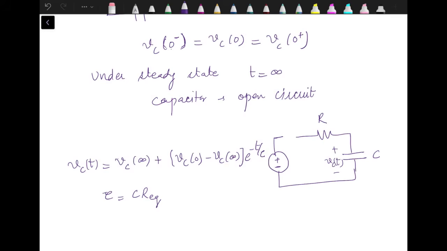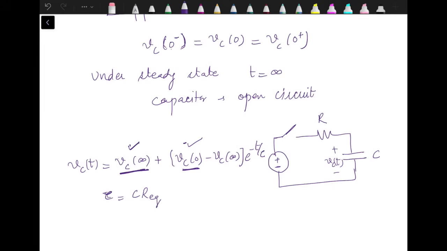So again in this case, we need to find out the final value of voltage across the capacitor, Vc infinity, which we can find out after switching. Vc0 is the voltage across the capacitor. Since the voltage across the capacitor at the instant of switching is the same as what it was before switching, we need to do the calculations for the before switching circuit, and then we need to calculate tau.